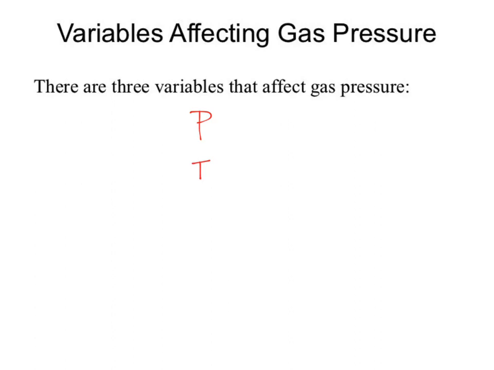So when I look at helium versus xenon, yes, they may have different masses and different electrons, but that does not change the size of the particles. The particles are going to have the exact same effect on their environment. The type of particle is actually not a contributor to our pressure.